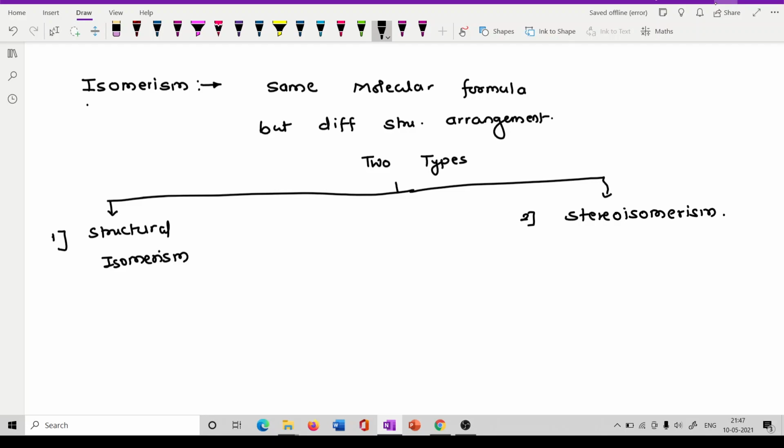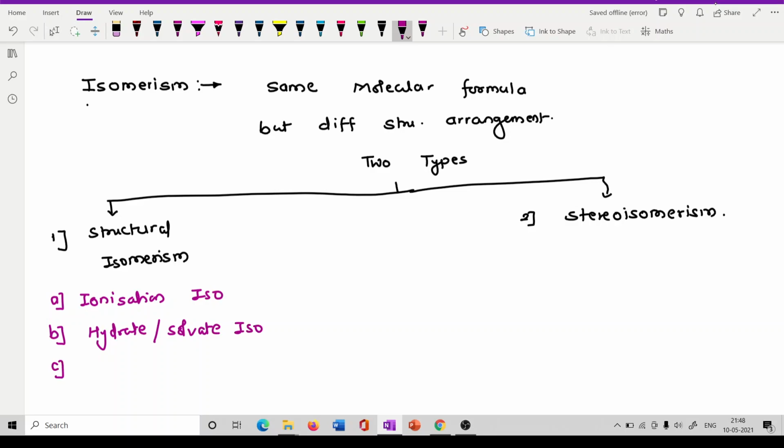Now again, structural isomerism gets classified into six parts. The first one is ionization isomerism. The B is hydrate isomerism, also called solvent isomerism.